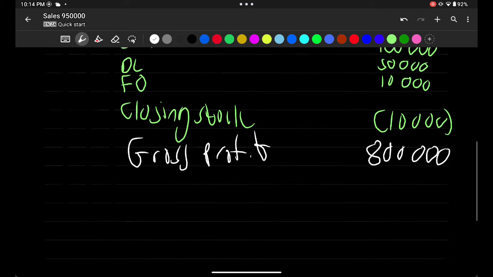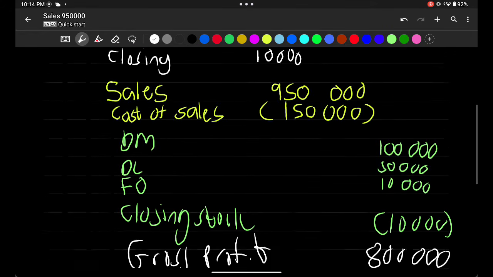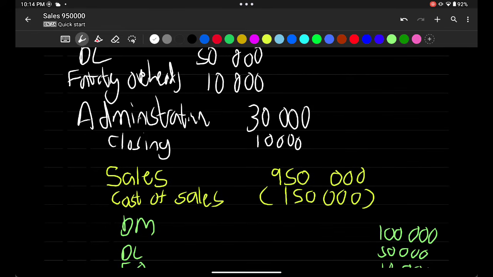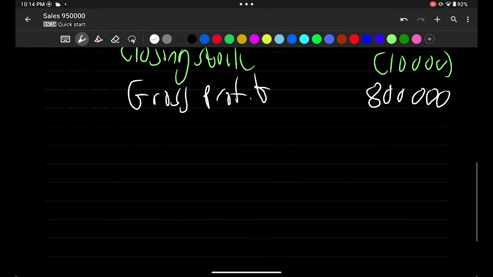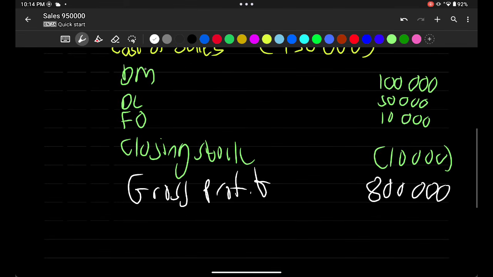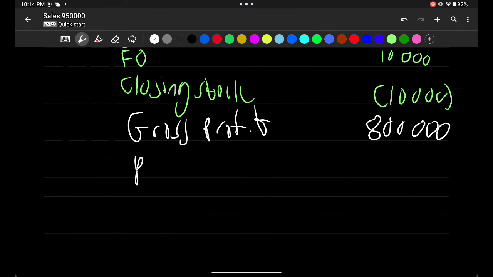And then after your gross profit, you need your operating expenses. They give administration over here. So we can write non-production cost, we can write period cost. Let's write period cost. Period costs are all that needs to be in the income statement for expenses. Remember, all this we did is product cost, these three things. So now it's period cost.